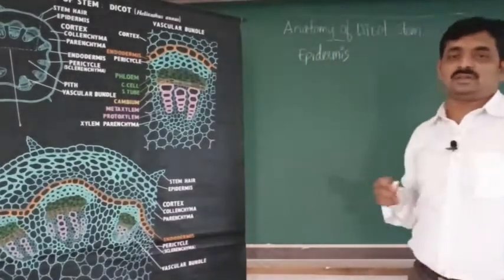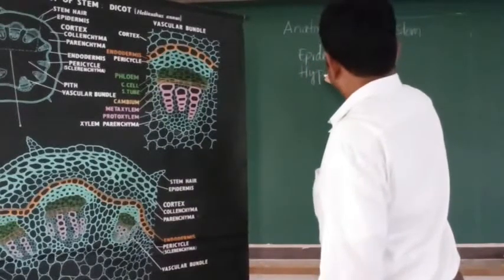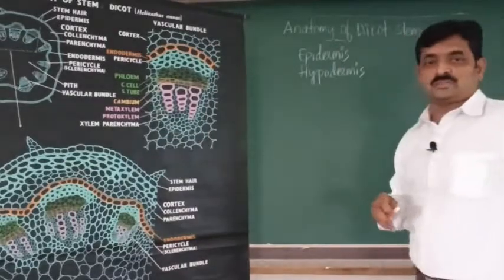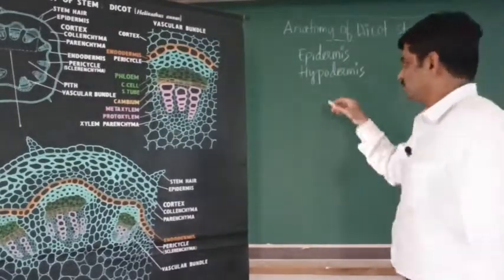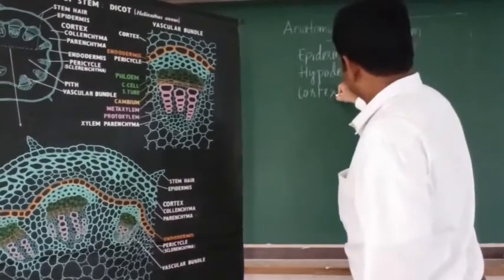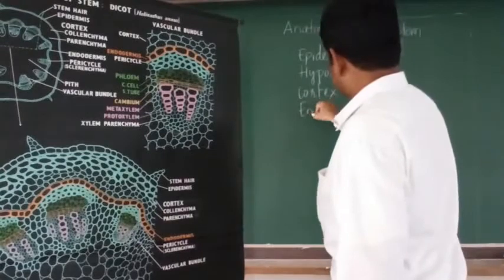Right. So the first one is the epidermis. Then there is hypodermis, the second part. Then there is cortex. Then after cortex, there is endodermis.